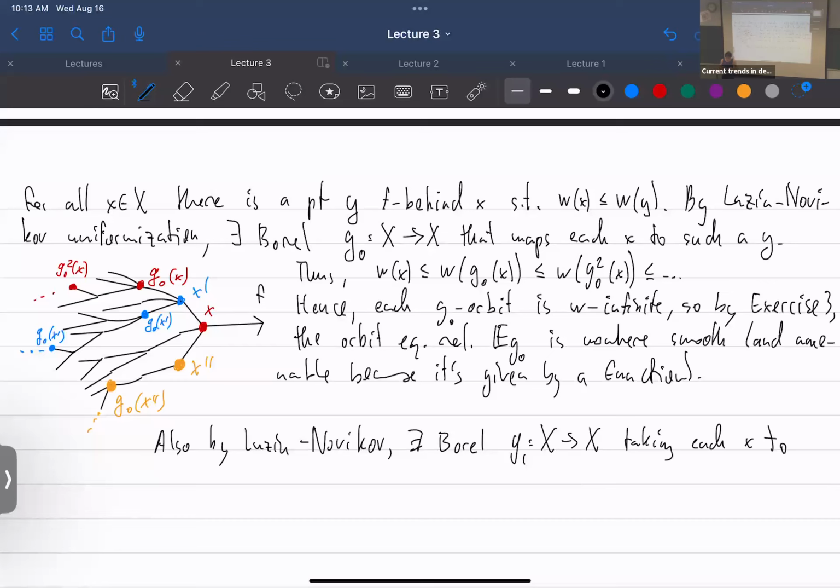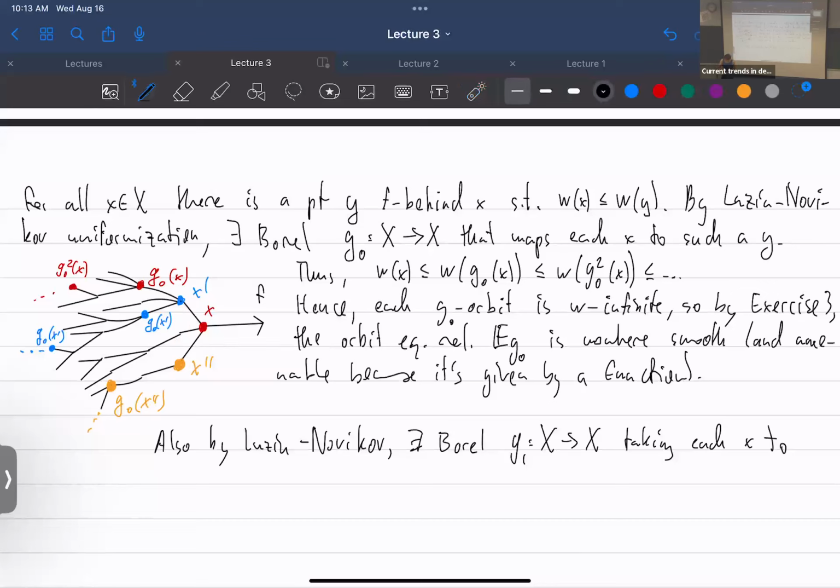So for instance, this x would go to an immediate preimage, like here or here, that is different from where G0 chose to go. So G0 goes in some direction, we don't want that direction, but we choose something else in another direction.